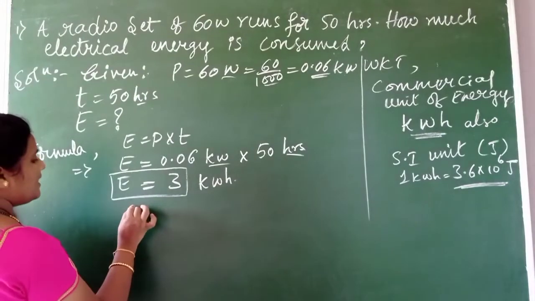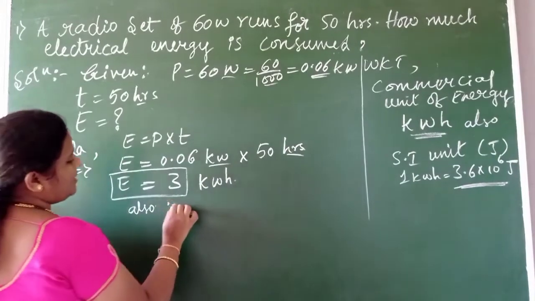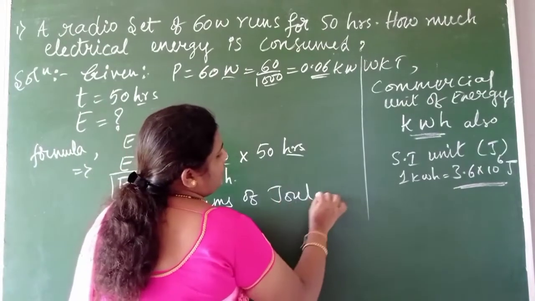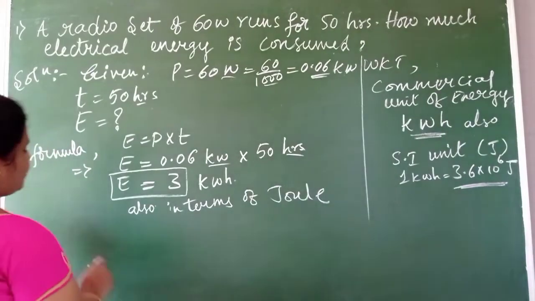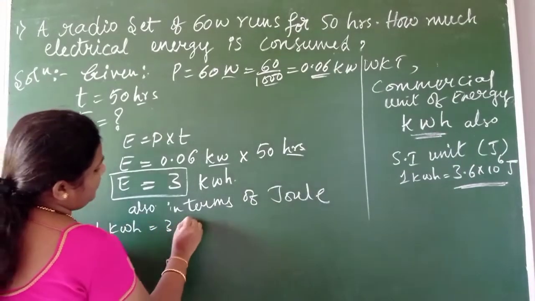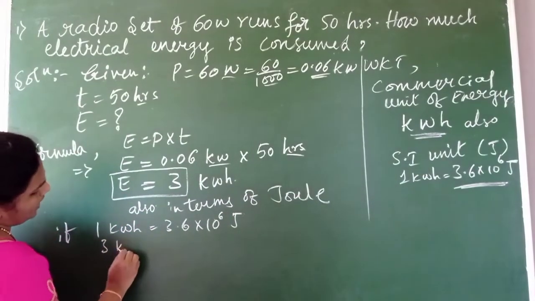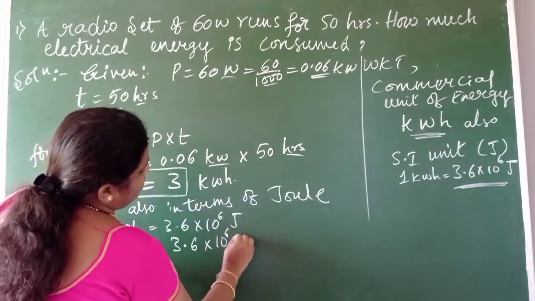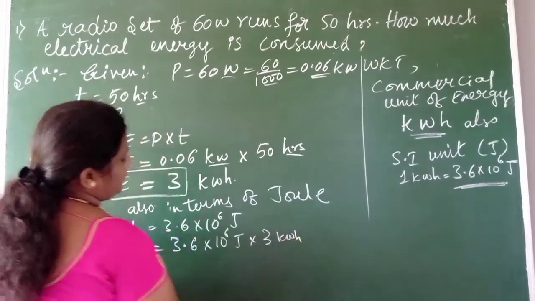Now, if we convert this in terms of joules, we have to multiply this with 3.6 into 10 to the power of 6 joules, children. That is, if 1 kilowatt hour is equal to 3.6 into 10 to the power of 6 joules, then 3 kilowatt hour is equal to 3.6 into 10 to the power of 6 joules into 3 kilowatt hour, isn't it, children?